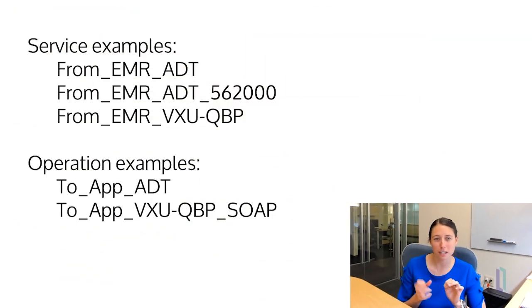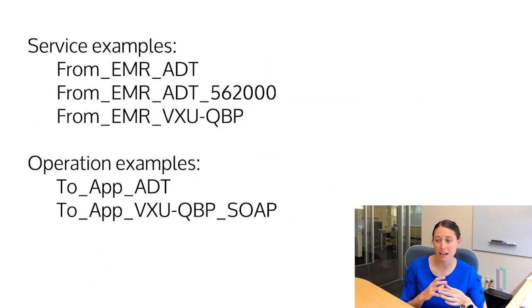The type of message that's communicated over that particular channel. And then there's usually some form of direction in there as well. Other pieces that might be included, if you're connecting with an EMR or application that has an identification number for that particular channel, we've seen that be included as well. So there are different variations, but at a minimum, your application name, message type, direction, and then any other kinds of identifiers. That would be what we would see on our services and on our operations as well.